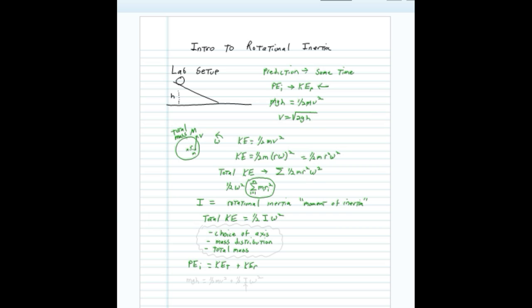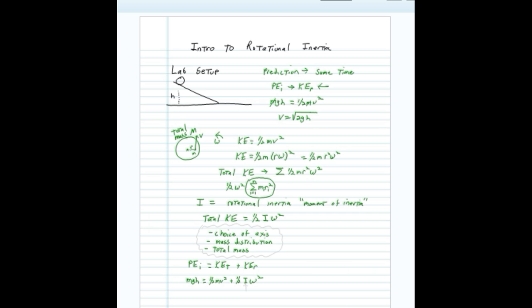And we can substitute this. We could say mgh for the potential energy equals 1/2 mv squared, which we're used to for translational kinetic energy, plus this new term, 1/2 I omega squared, which is the rotational part.